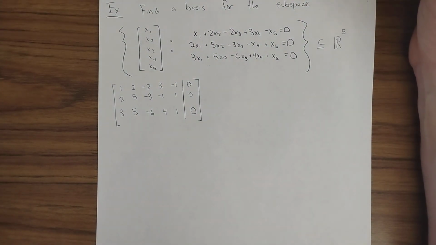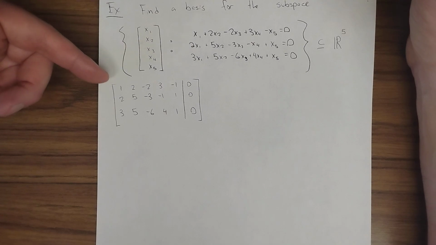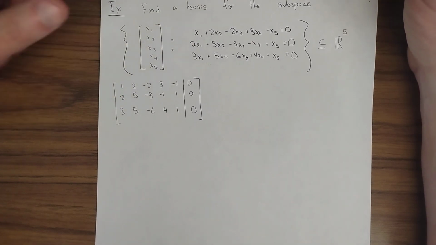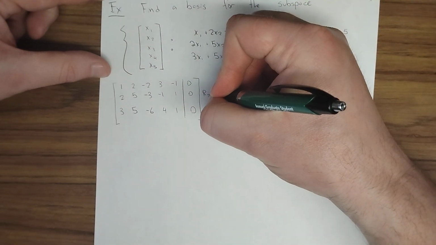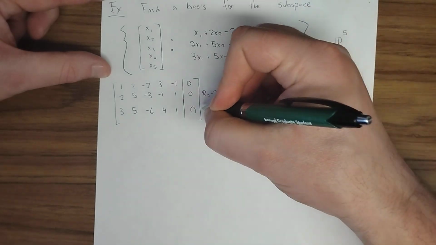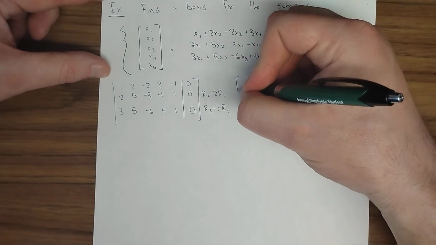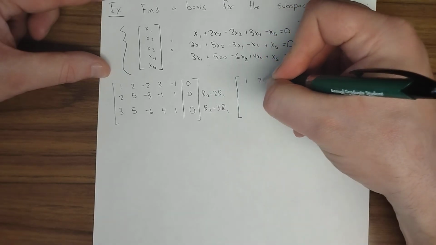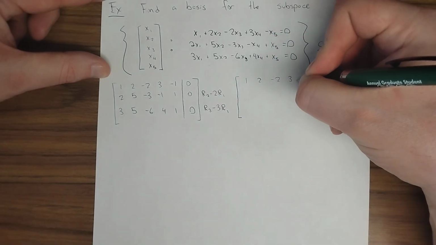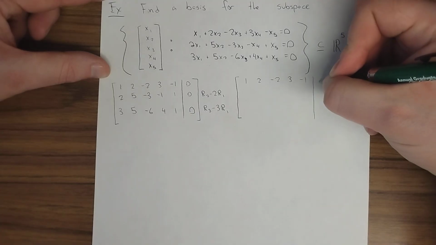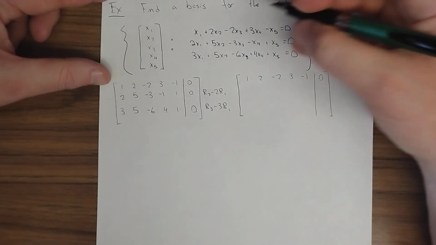Okay, let's get this matrix in some kind of reasonable form. I've got a 1 up here. I'd like zeros underneath. Let's do that. First row stays the same.